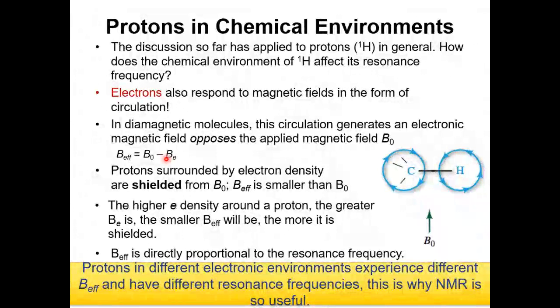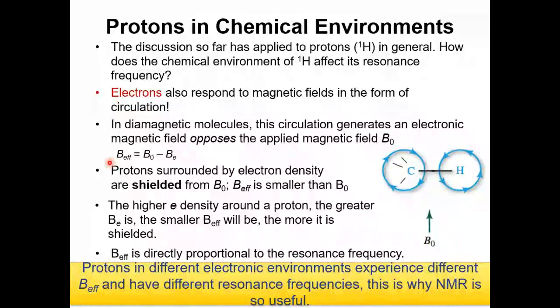Let's say you have a proton with electrons around it, okay? If electron density is higher, the circulation of electrons will produce a stronger or weaker BE? High electron density, stronger BE, and then the effective magnetic field will be weaker, okay? Because the effective magnetic field is B0 minus BE.